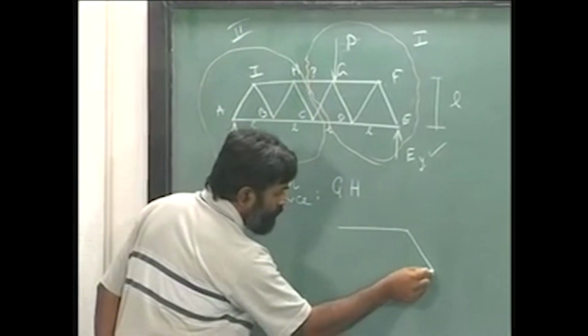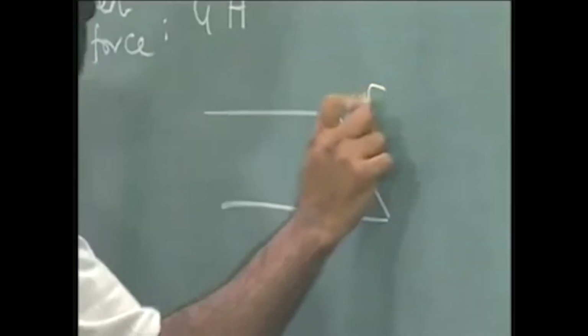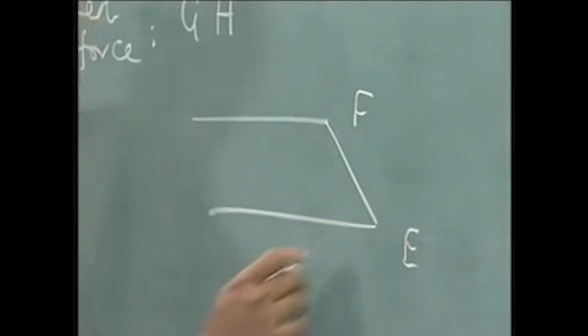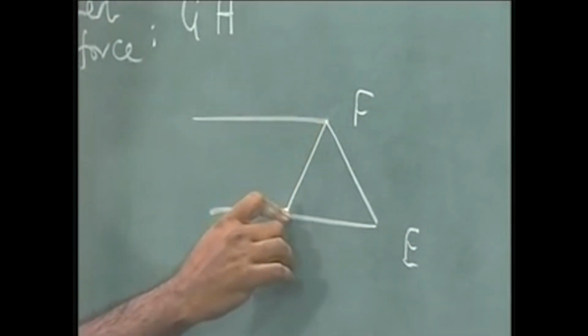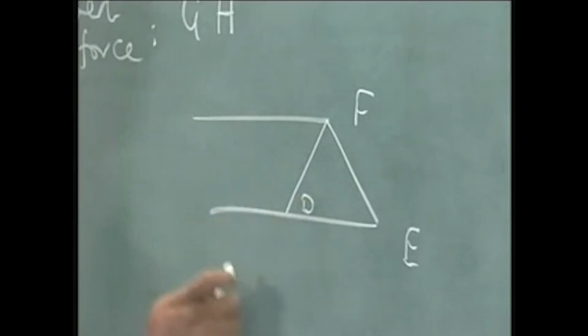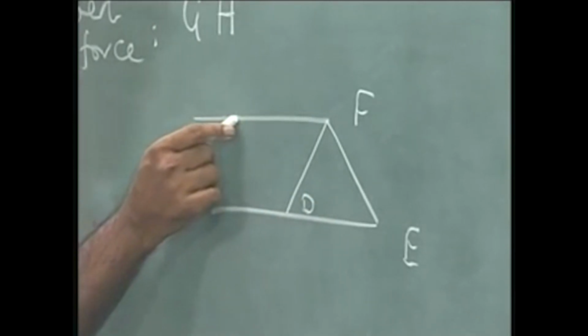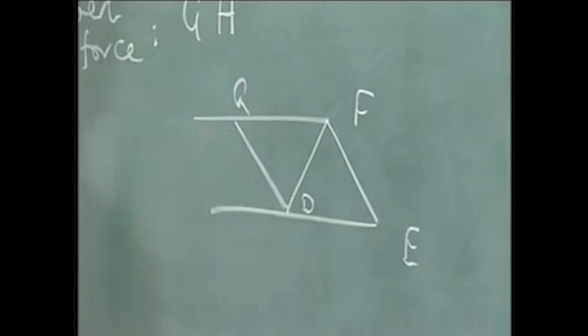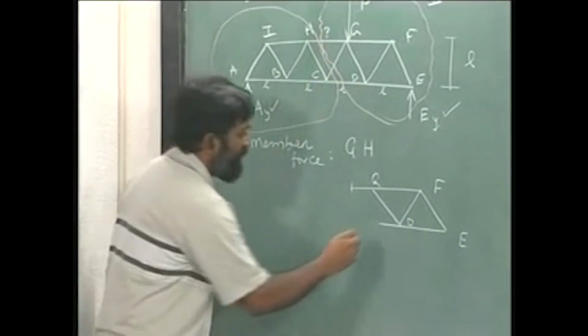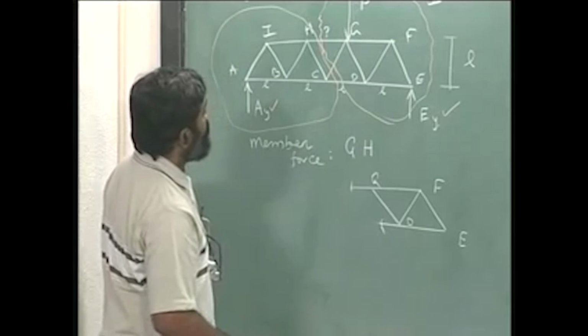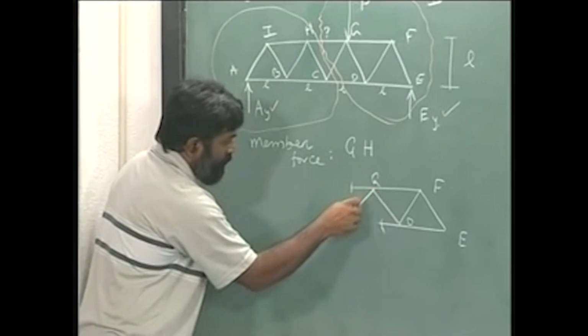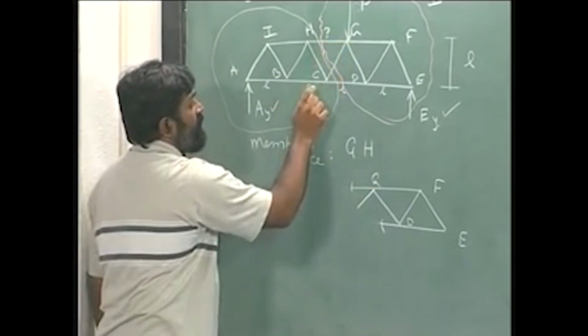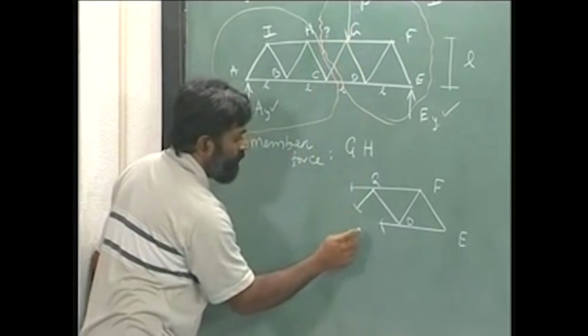This is F, E, so we have D, we have G, this is cut, right. CD is cut. What else is cut? There is a member going like this, which is CG, that is also cut.